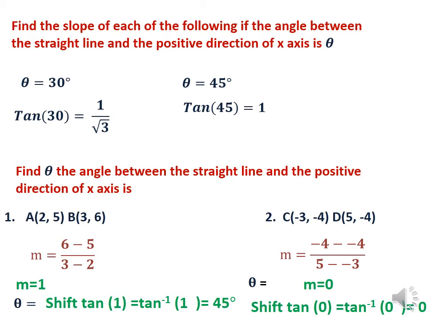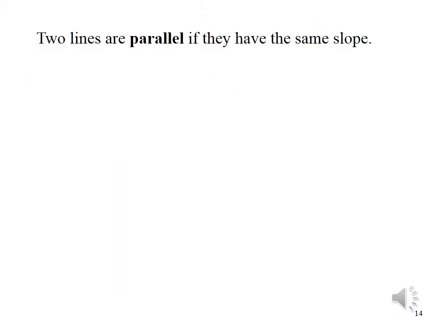Shift tan 0. That means the angle will finally equal 0, or I can know that if the line is parallel to the x-axis, the angle will be 0.